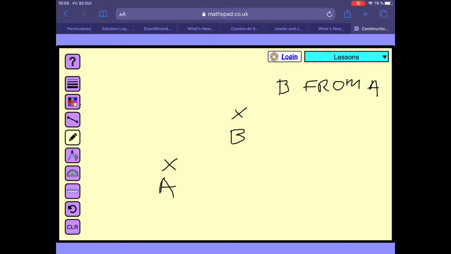And I want to write this down because "from" is the most important word in these kinds of questions. If they want you to find the bearing of B from A, it is at A where you have to draw a north line. Because that's the point I'm measuring the bearing from, I am going to draw a north line.